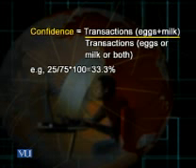You can see confidence is equal to transactions. As an example, I have taken the example of eggs and milk. So all those transactions in which eggs and milk both are sold together, divided by transactions in which either eggs are sold or just milk is sold or both are sold.